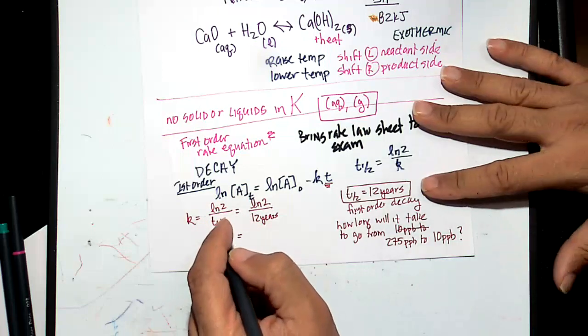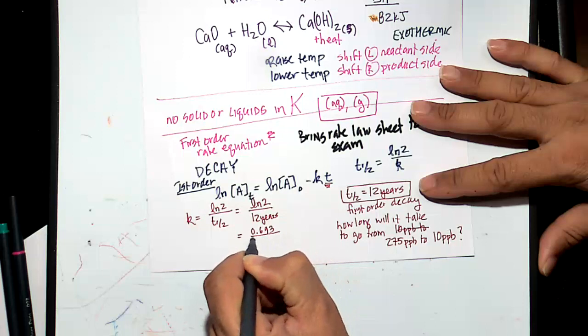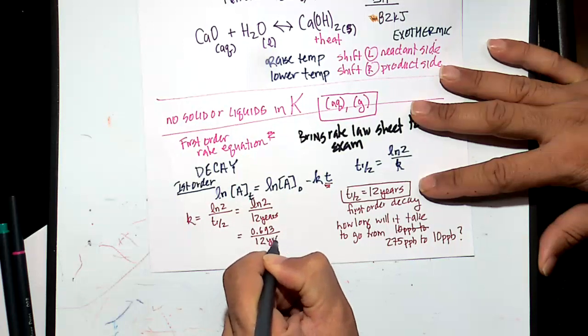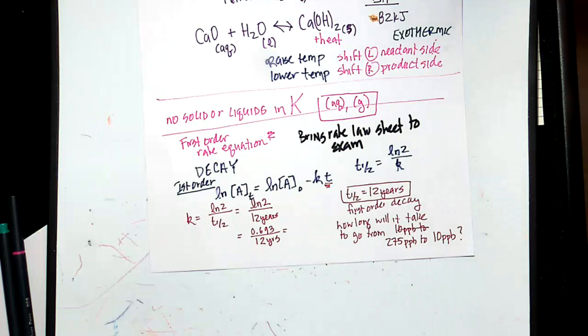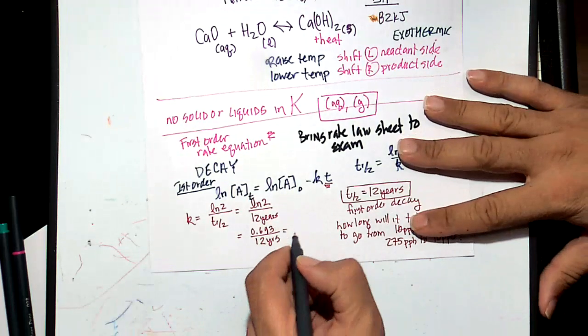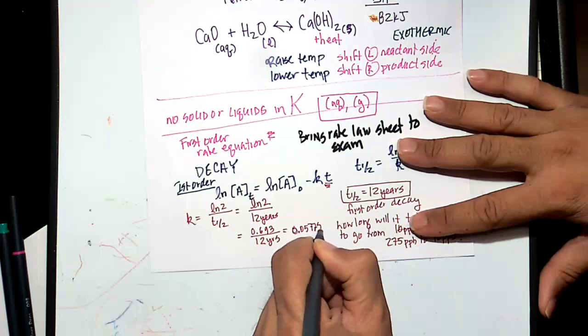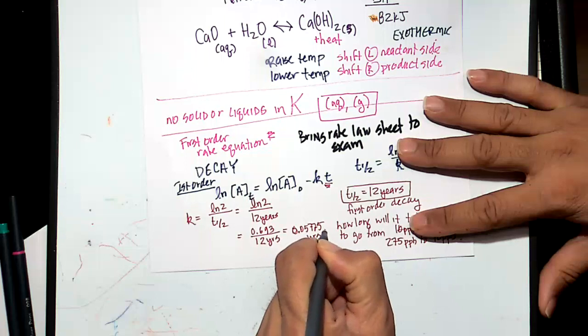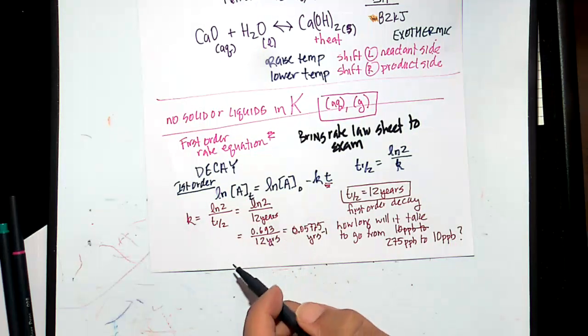So natural log of 2 is 0.693, which you can look up in your calculator, divided by 12 years. This is about 0.05775 on your calculator, in inverse years, because the units are years to the -1.